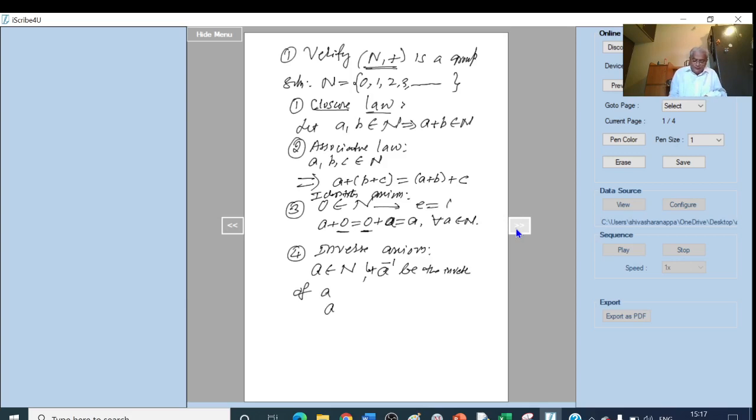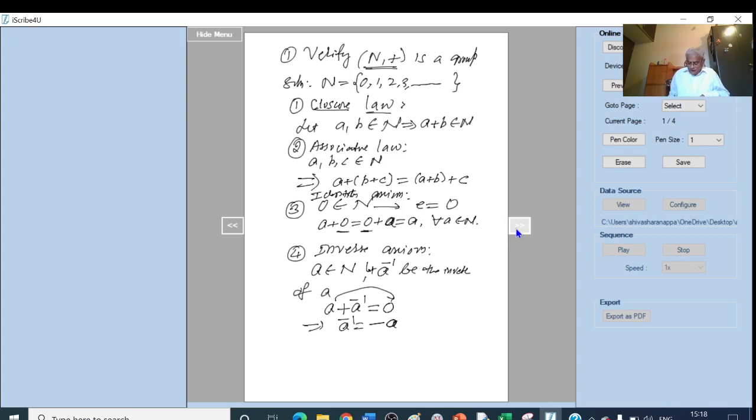Here my E equals 0, the identity element is 0. Now A star A inverse, star means plus here, must equal the identity, that is 0. So this implies A inverse equals, taking A onto the right hand side, 0 minus A, which is minus A. Minus A is the inverse of A with respect to the given operation.